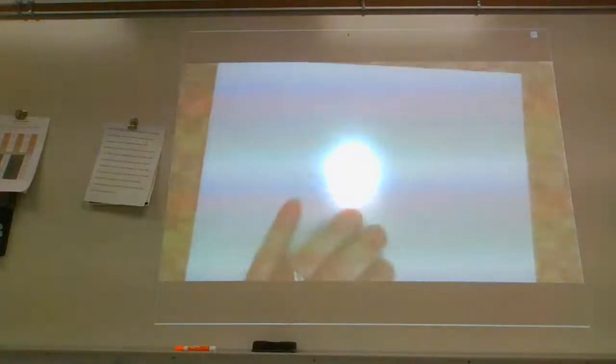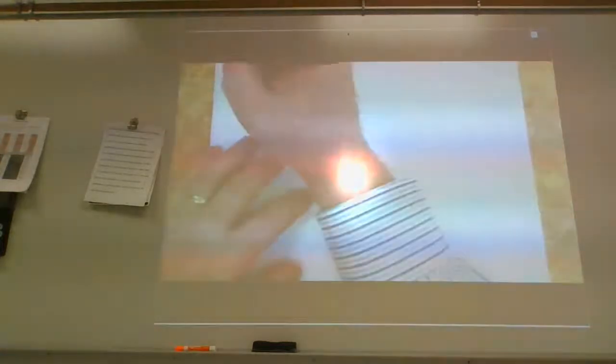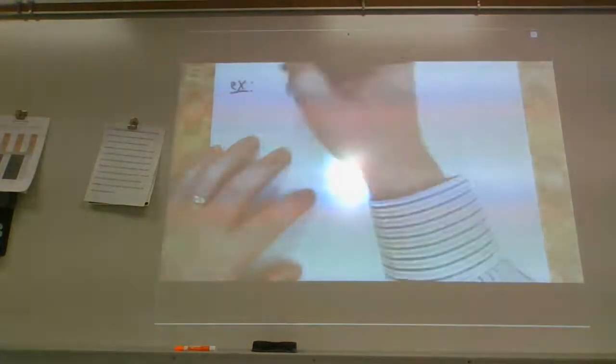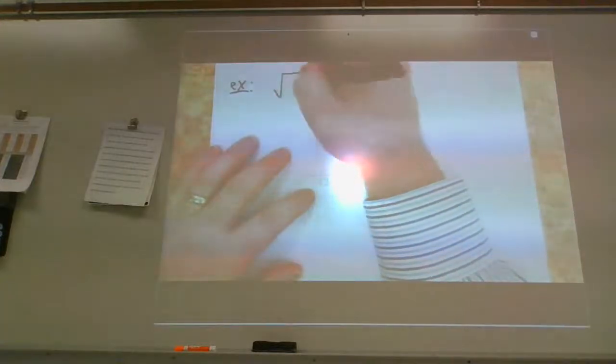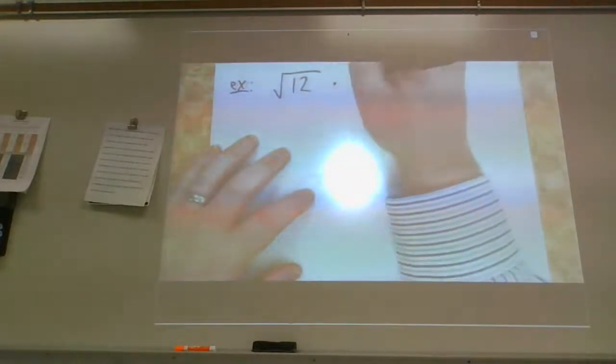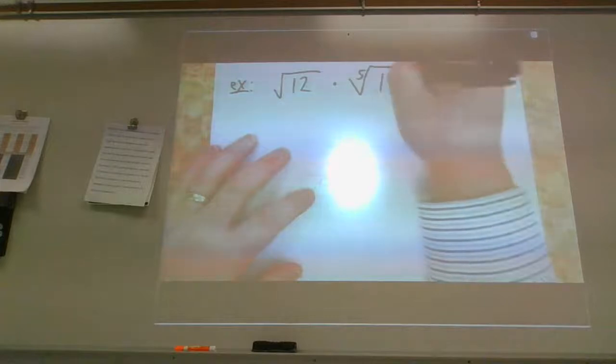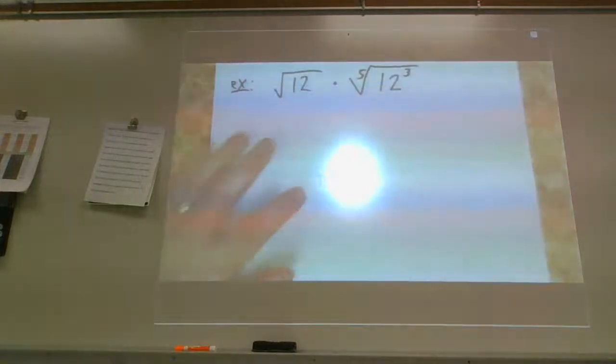Let's see what we got here. On that same page, example, it's actually number 27. Okay.